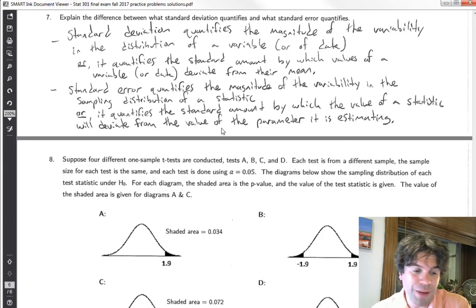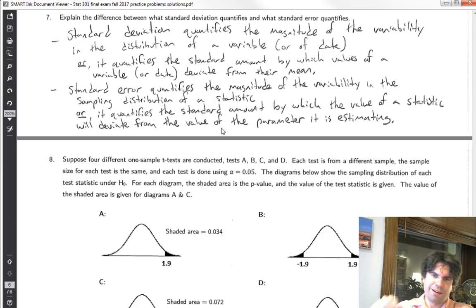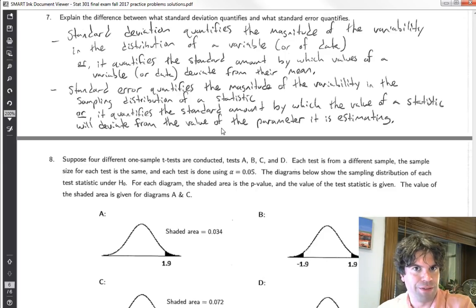The other way you can think about standard error is that data has a distribution, like the normal distribution. My height is normally distributed, so the distribution of height looks like that. Statistics have distributions too. We call them sampling distributions. A sampling distribution is the distribution of values a statistic takes on under repeated sampling.